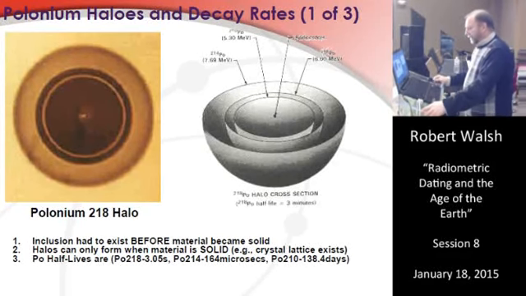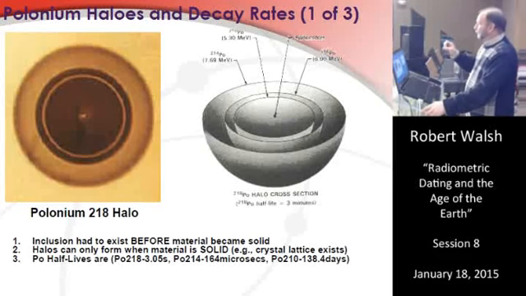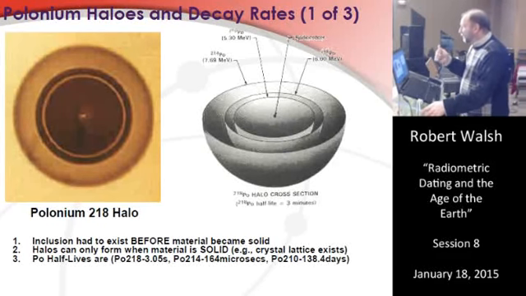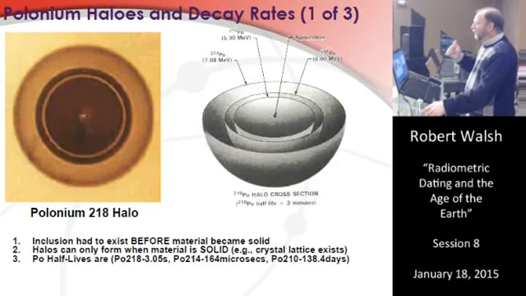The significant thing is that this polonium inclusion in the middle of the sphere has to get there before the material is solid. Otherwise, it couldn't get there, right? So it's there before it solidifies. The halo can only form when it's solidified.